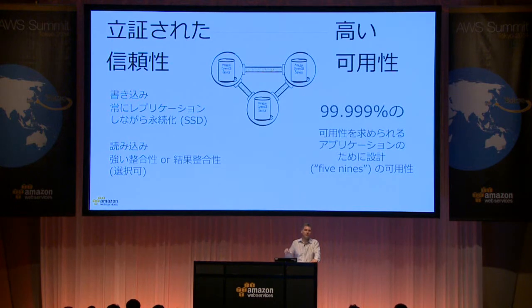This design also allows us to deliver extreme availability, very, very high availability. DynamoDB was basically designed for what we call Tier 1 applications. These are applications that require 99.999, 5 nines of availability or better. And we have customers who are realizing these benefits today.